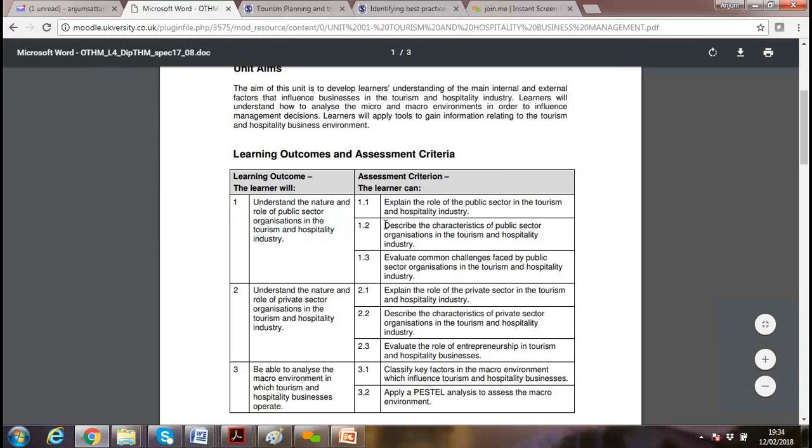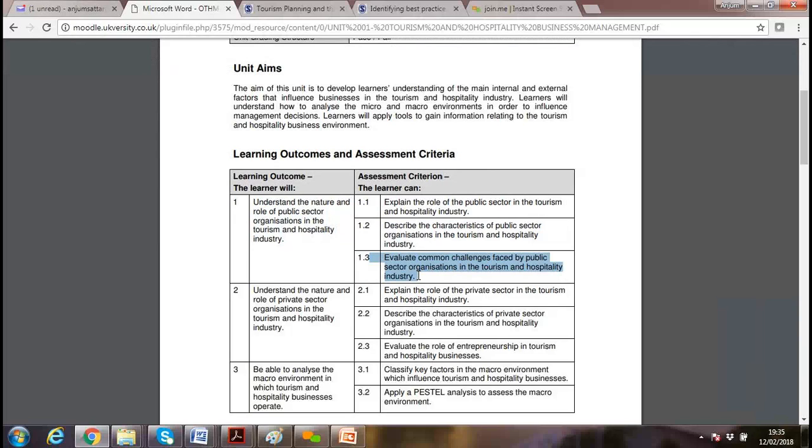And public organizations, we'll describe the characteristics which we'll go through, and the common challenges faced in the public sector. Yes, there are a number of challenges faced, especially security issues within the hospitality industry, how we can tackle it, free movement of people, how we'll make sure everything is smooth. Currency exchange rates, and especially organizations make the promise, but they're not delivering it.